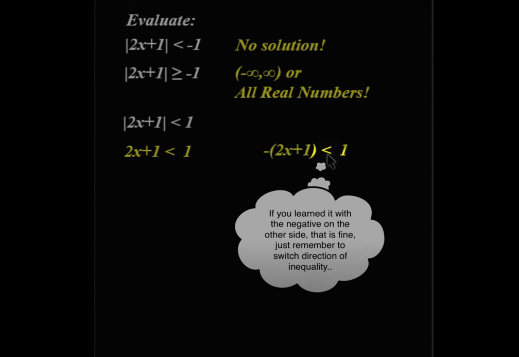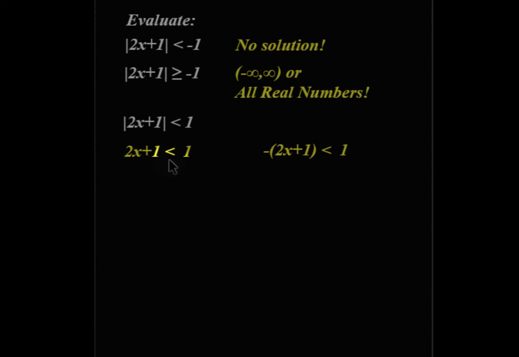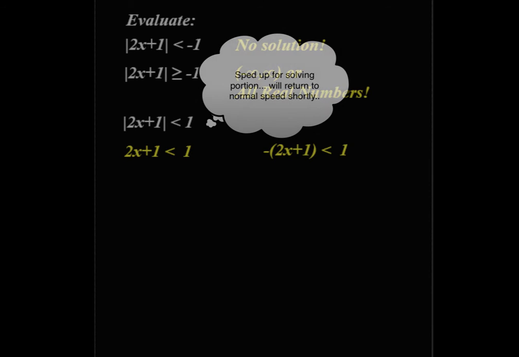Make sure you change the direction of this inequality if you do so. But that's fine. Others might have put the same direction inequality in a negative one here. That's fine. Just don't do it for a greater than sign, because you'll be saying a negative is greater than a positive, which is not true. So this is the way I like to do it, and then distribute through and then solve for x, whatever makes you happy. Follow through, okay?